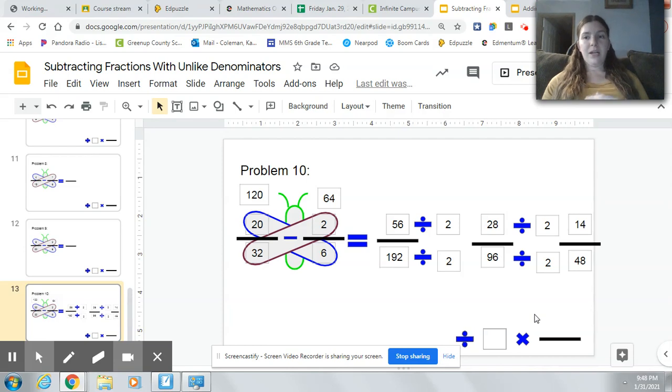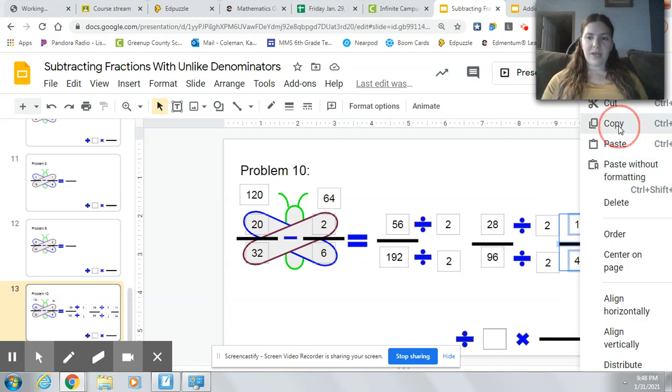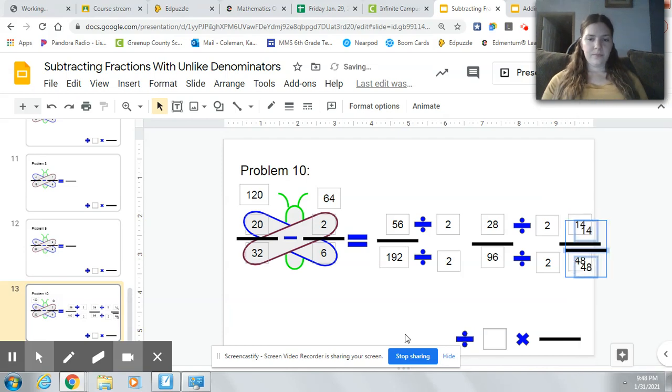So you can keep dividing by 2 until you get your answer. 14 over 28 is still even. That means we can still divide it by 2 again. So I'm just going to copy and paste this again. Going to bring it down.